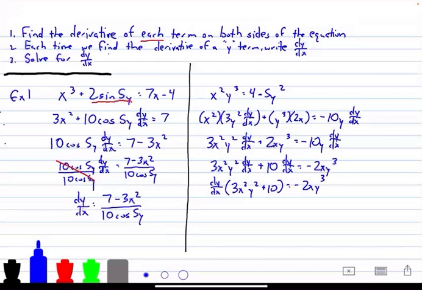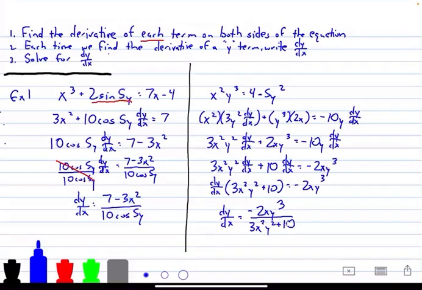To get dy over dx by itself, we have to divide both sides by 3x squared y squared plus 10. So we're going to say dy over dx, and that's equal to negative 2x y cubed divided by 3x squared y squared plus 10.